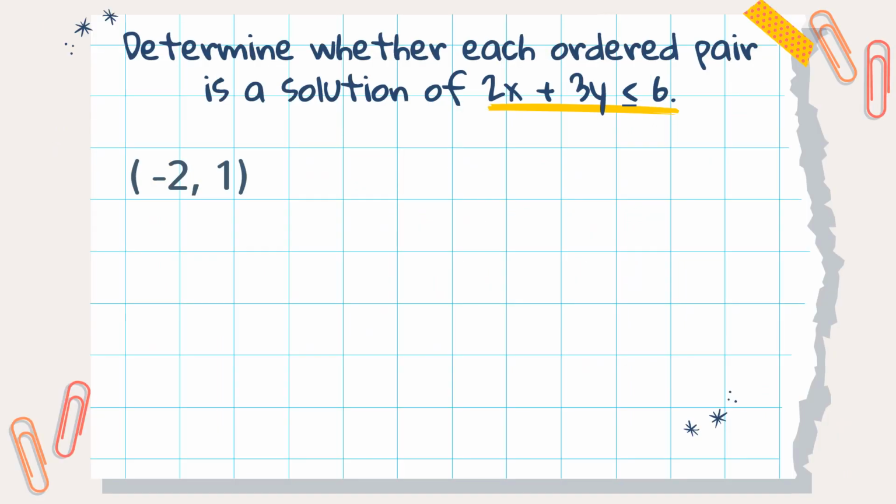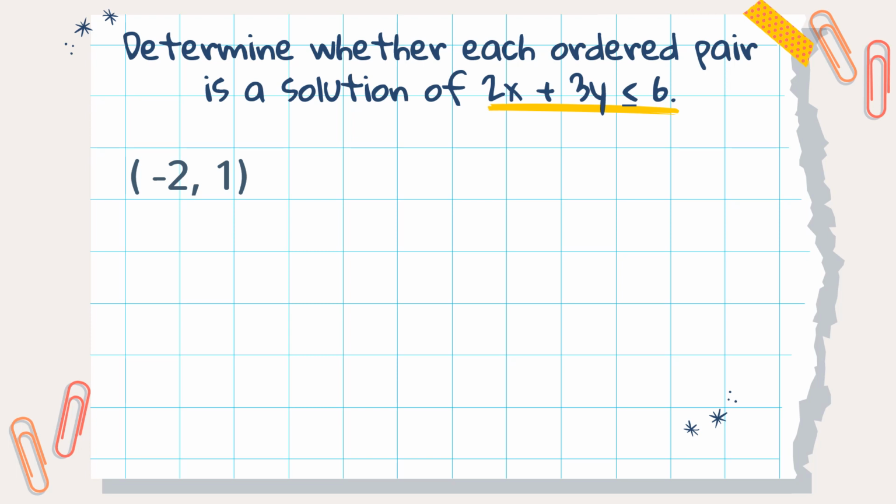For the following examples, we are going to determine whether each ordered pair is a solution of 2x plus 3y is less than or equal to 6. For the first example, we have (negative 2, 1). We determine if (negative 2, 1) is a solution of 2x plus 3y is less than or equal to 6.